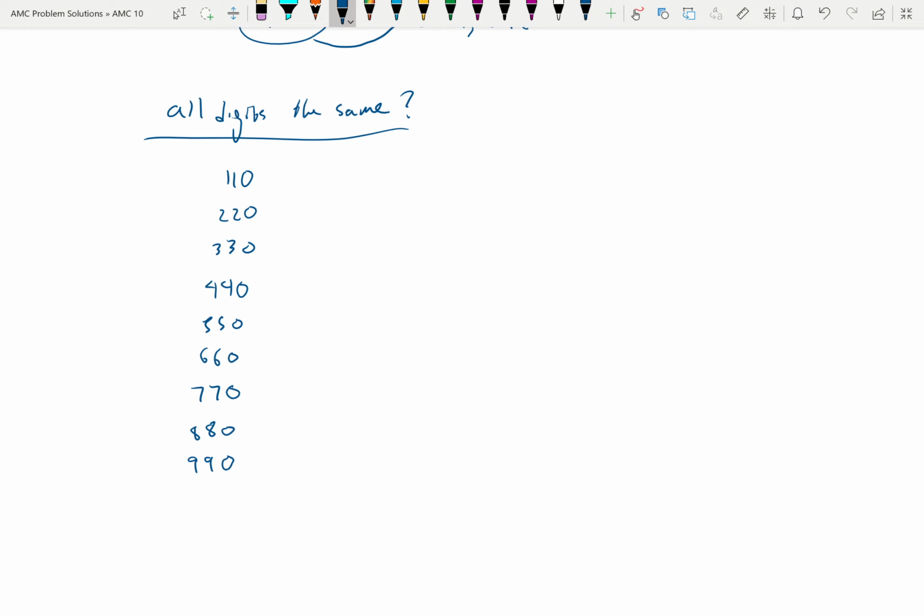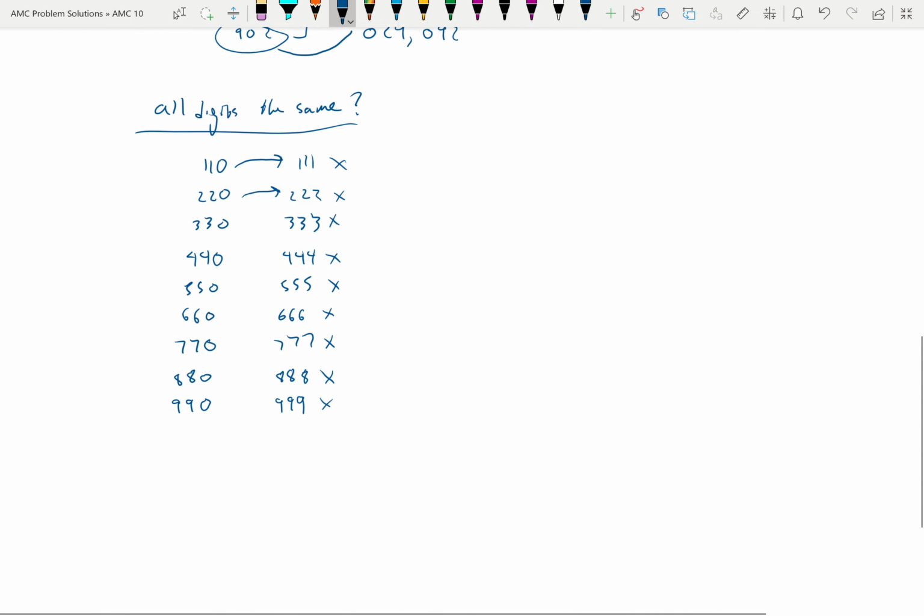Now, if we compare those to where all digits are the same, so 111, 222, 333, we see that there's no way, like we pass these numbers when we add 11 to 110 and we add 11 to 220. So therefore, no 3-digit number where all 3 digits are the same will be a multiple of 11. So none of these is going to be a multiple of 11.